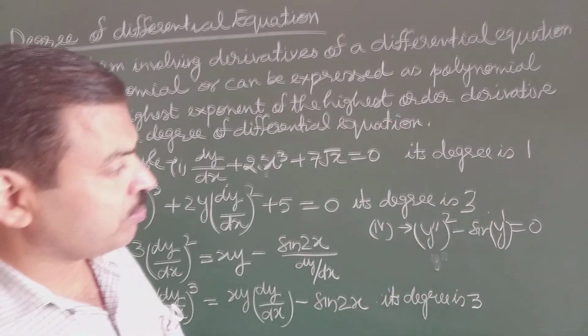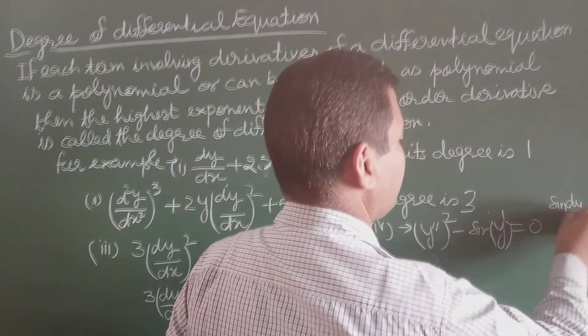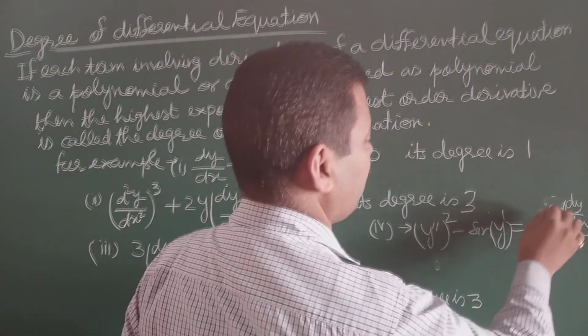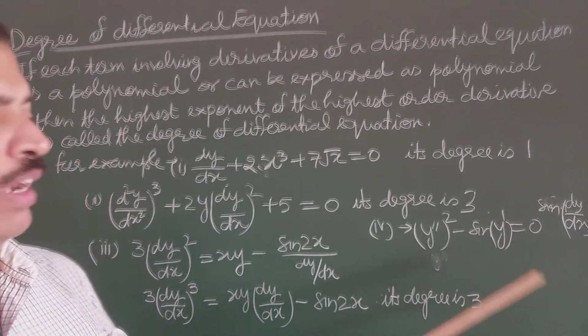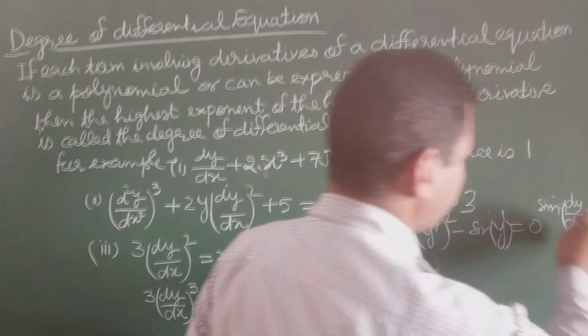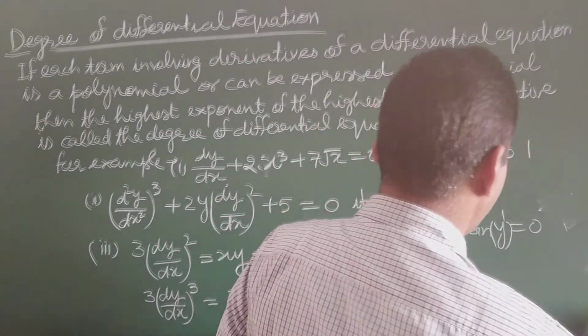Sin y dash means sin dy by dx. So it is not a polynomial. If we do squaring or cubing, we cannot separate both of them. That's why it is not a polynomial.